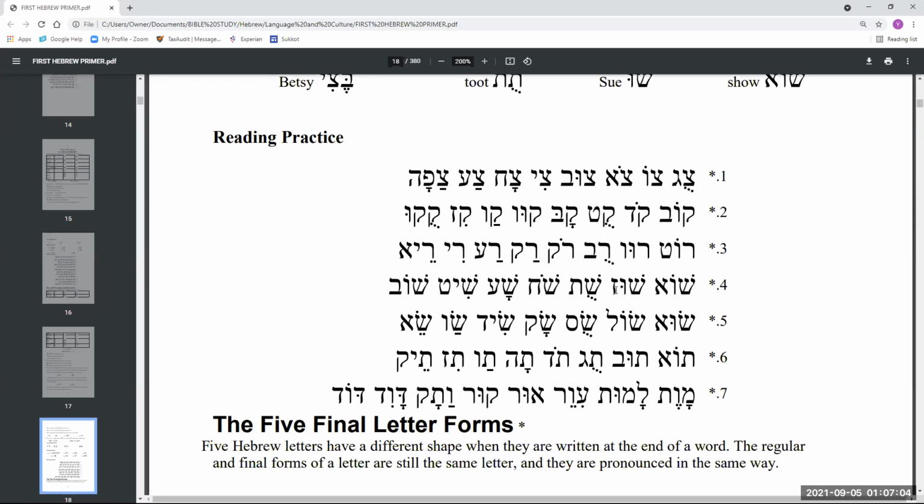Look at it. What is that vowel in the middle? It makes a what sound? Ooh sound. Practice. What's the last letter? So sound it all out.